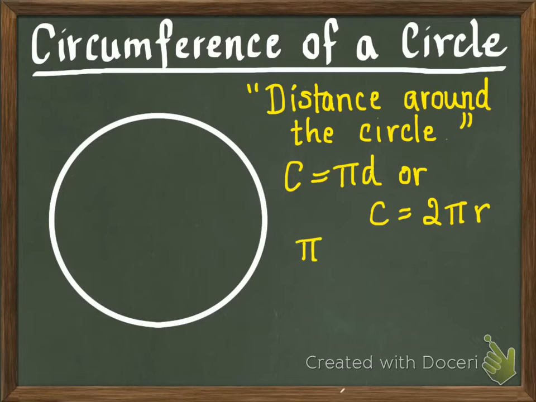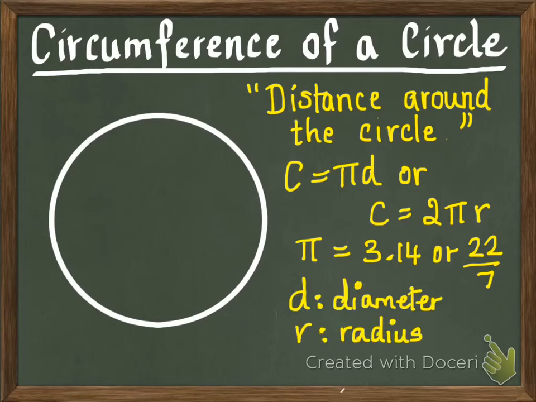Pi here is a mathematical constant and it takes the value either 3.14 or 22/7. D is the diameter of the circle and r is the radius of the circle.